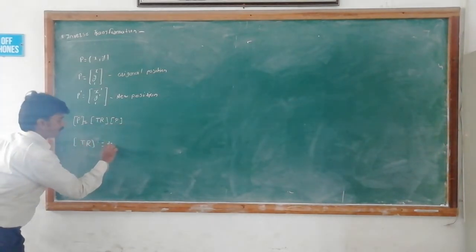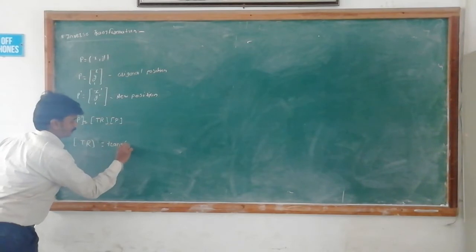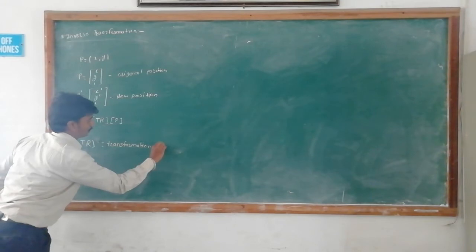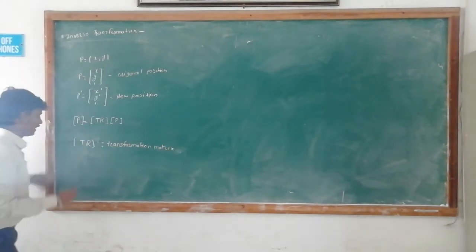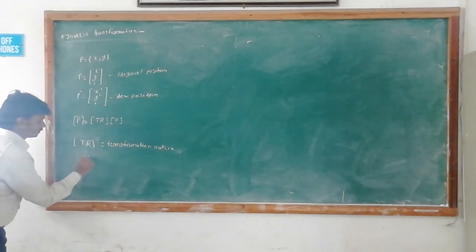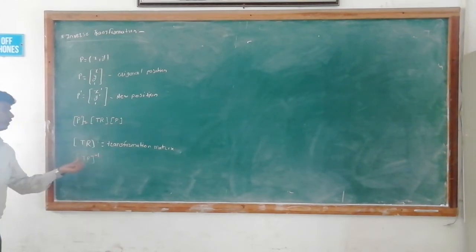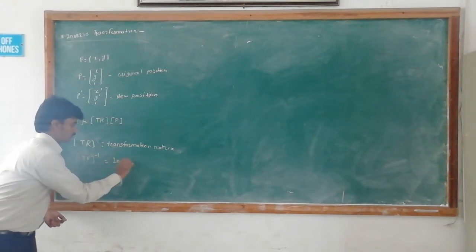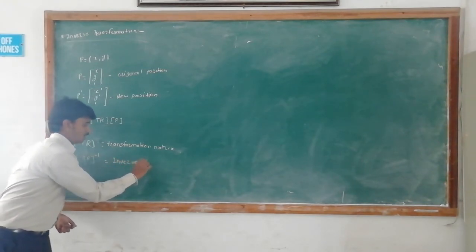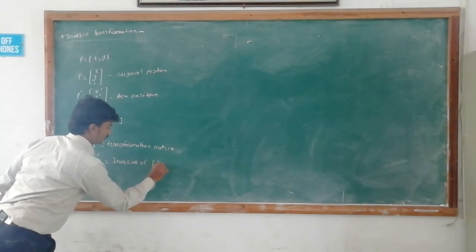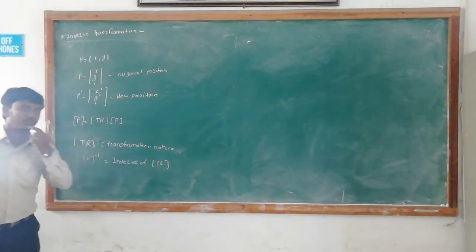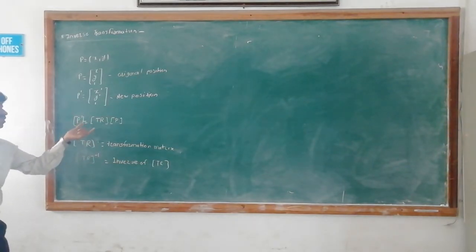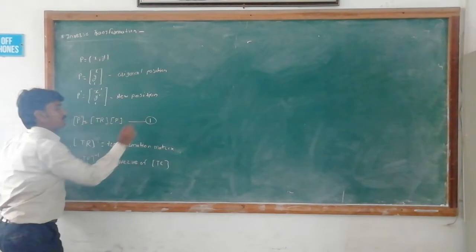TR is a transformation matrix, and TR inverse is the inverse of TR, where TR is a transformation matrix. Okay. So suppose this is equation 1.